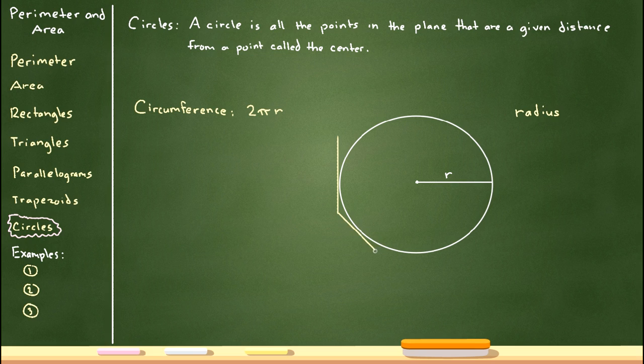Another straight line here, trying to go along the outside. Another straight line here, another straight line, and so forth.